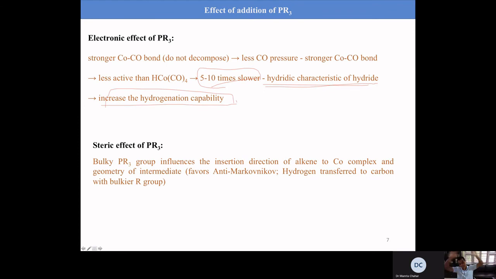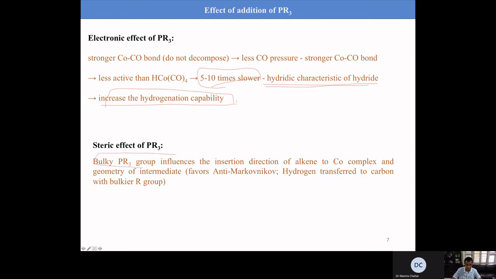So although overall in the catalytic sense, this phosphine compound is a little bit less active than the tetracarbonyl one, it becomes quite useful because the stability increases, and the hydridic activity, the hydride insertion, increases.